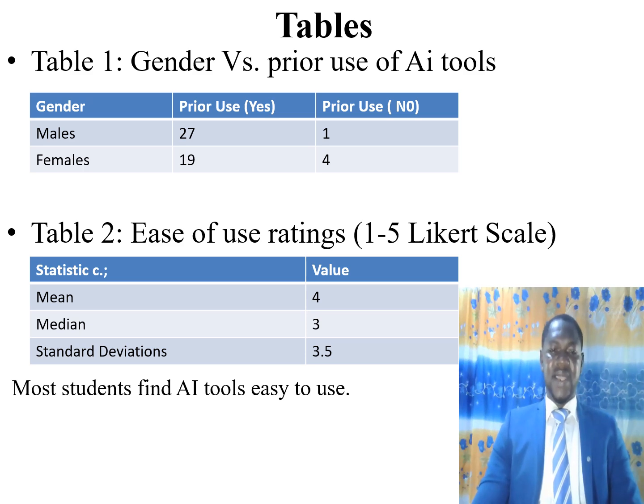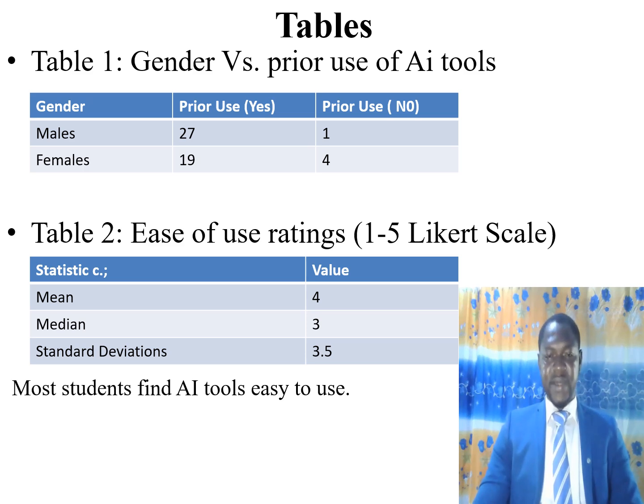The first table has to do with gender versus those who use AI tools. And from the table, it is clear that 27 males responded yes to prior use of AI tools.